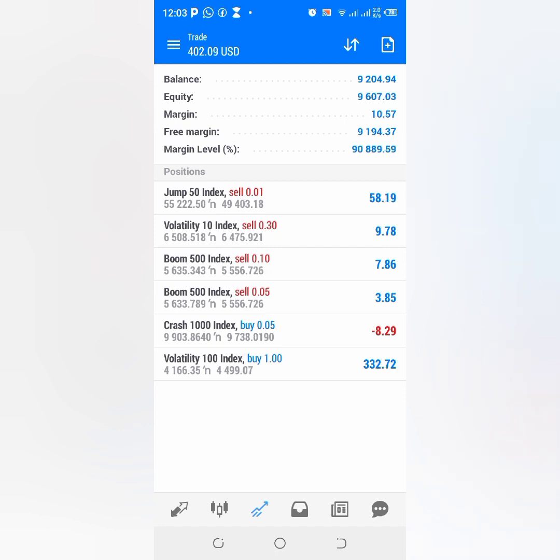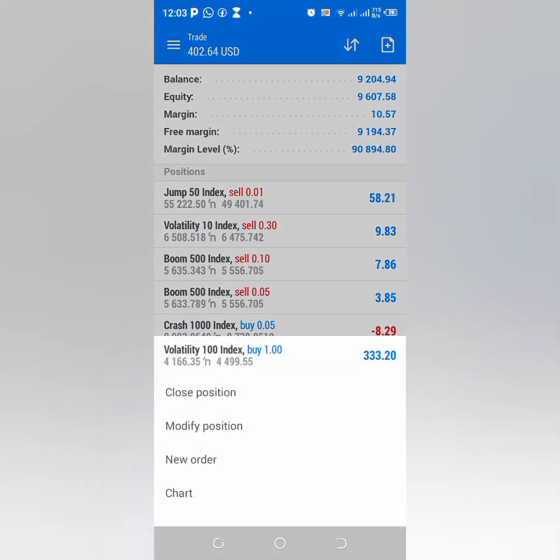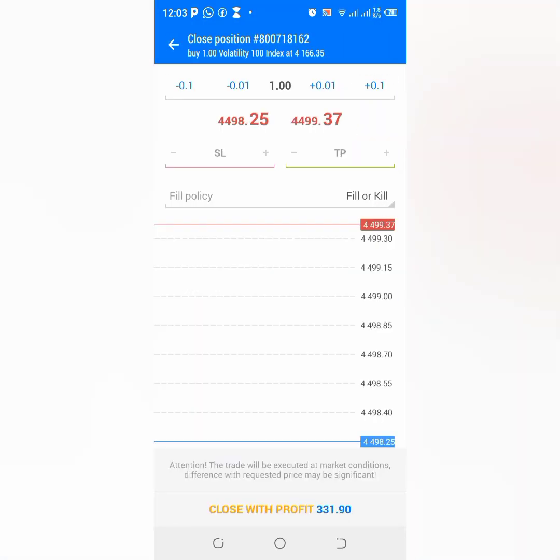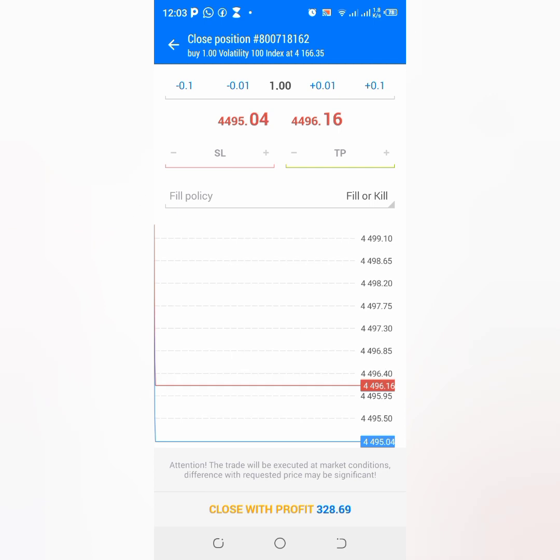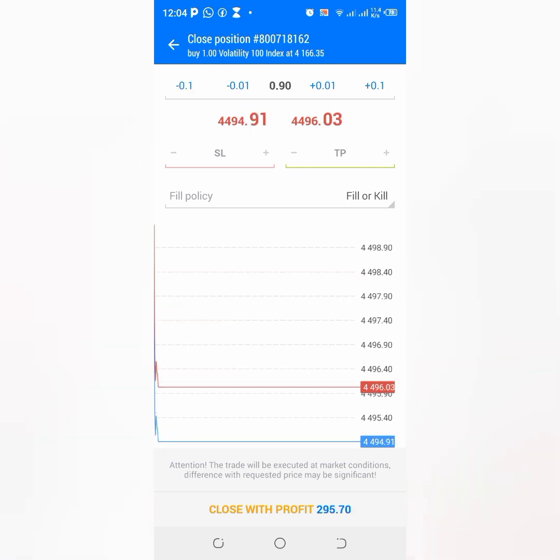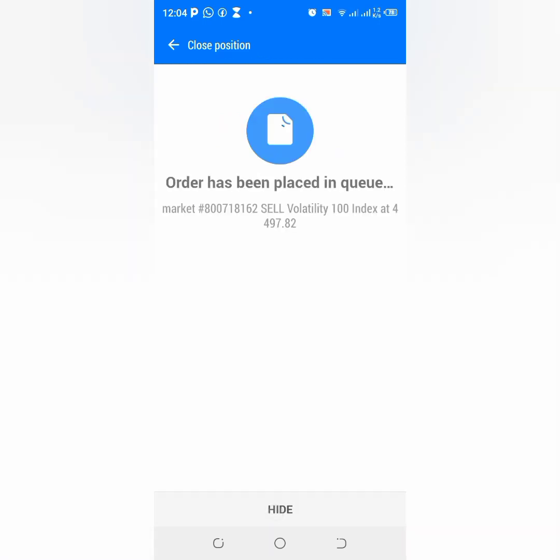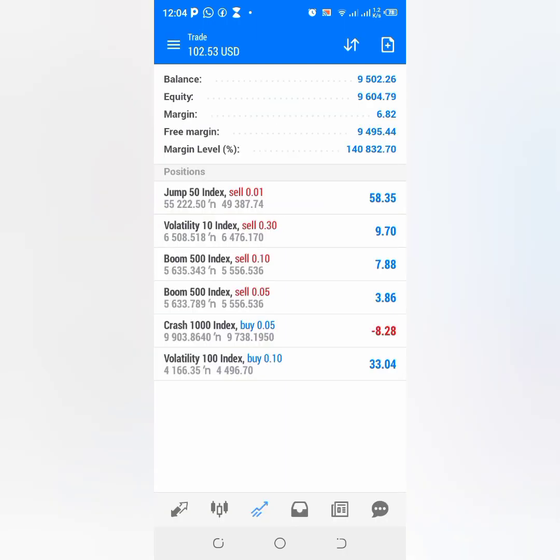Then you just want to book the profit, so you can use this same strategy. Let's say you want to reduce the lot size to 0.10 lot size, then you minus it from this place, then you close it, so automatically you have booked the profit.